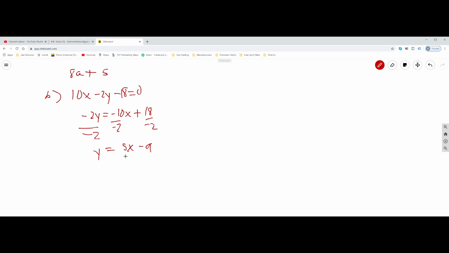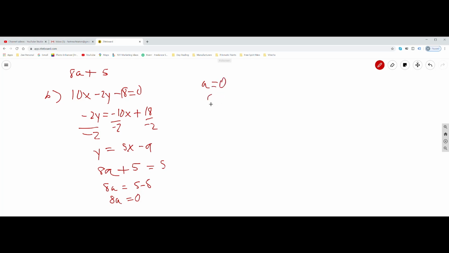So now we know the slope is 5. So 8a plus 5 equals 5. 8a equals 5 minus 5. 8a equals 0. So a equals 0.